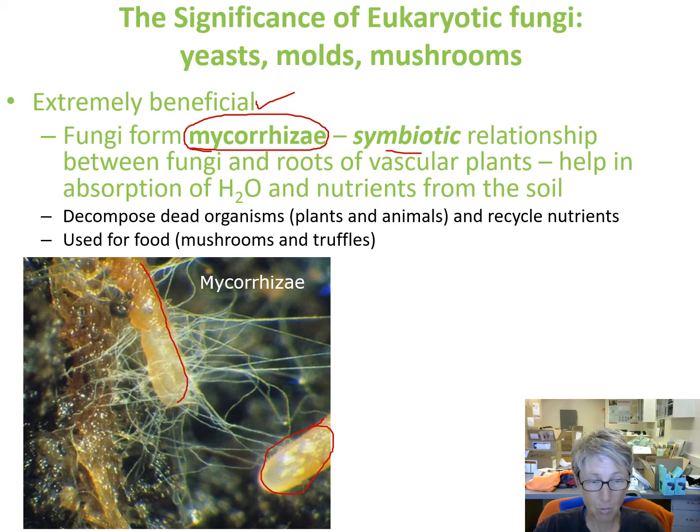Here's another root of a vascular plant, and then these web-looking things, that's the fungus, and the relationship between the fungus and the root of the plant is called a mycorrhizae. The fungus can help the plant absorb water and nutrients from the soil into the root.